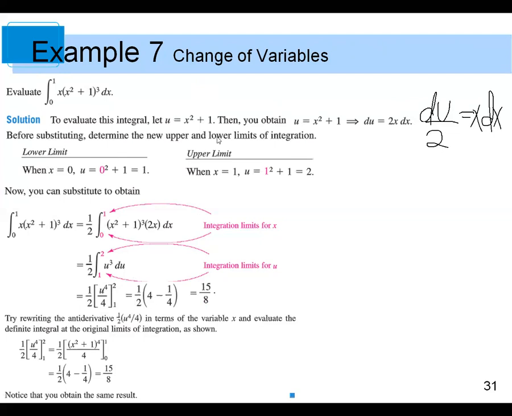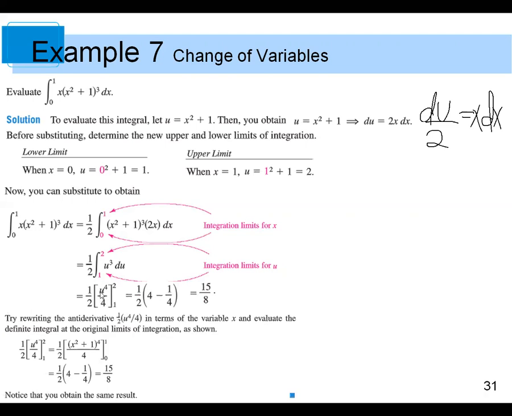Or you can leave the limits in terms of x, but after you take the antiderivative, back substitute to get the antiderivative in terms of x, then plug in your limits for what they were in terms of x. Okay? You should get the same answer no matter which way you do it, but sometimes it's a lot easier to get your integral in terms of u and your limits in terms of u.